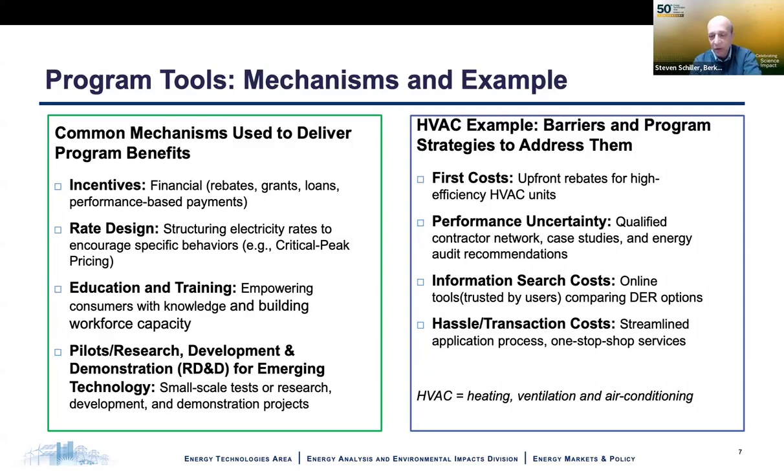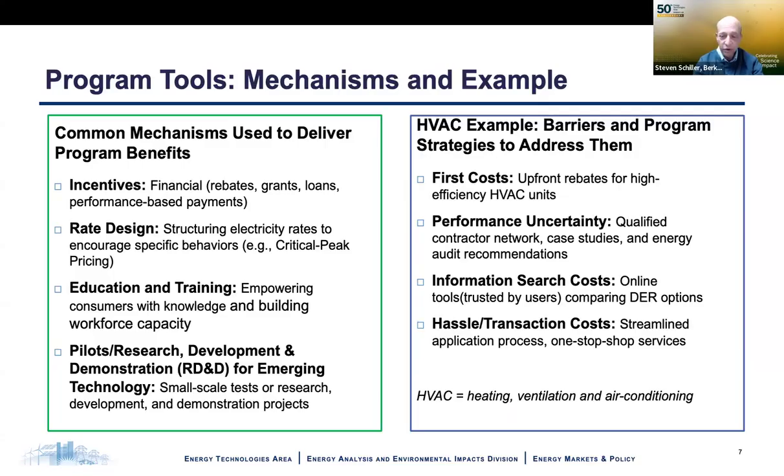On the right-hand box, I have an example with a heating, ventilation, and air conditioning program type. First, let's say that the barrier you really want to address first off is first cost. So I provide rebates for high efficiency HVAC units. For the barrier associated with performance uncertainty, you might want to work to build out a qualified contractor network, look to training and case studies, doing energy audits that provide recommendations.